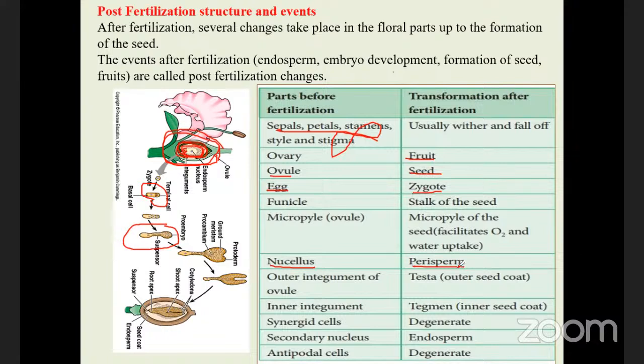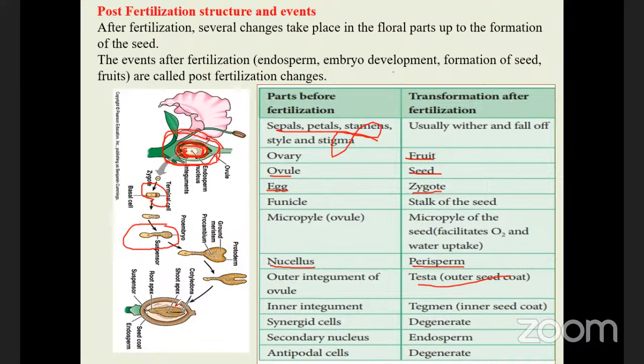The outer integument of the ovule will become the testa, that means the outer seed coat. Usually we also studied ovule types: ategmic, unitegmic, bitegmic. Ategmic ovules are mostly present in Ranunculus and some gymnosperms. The bitegmic is common in all the angiosperms.